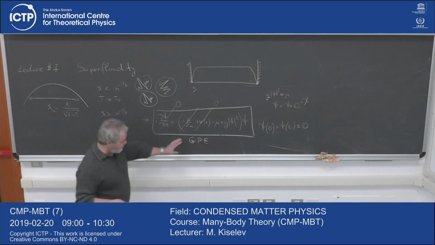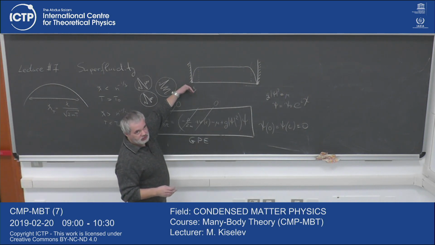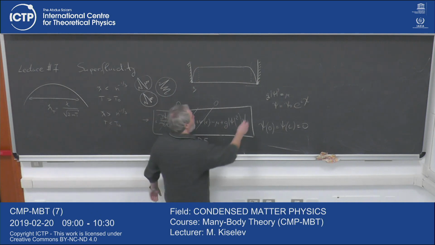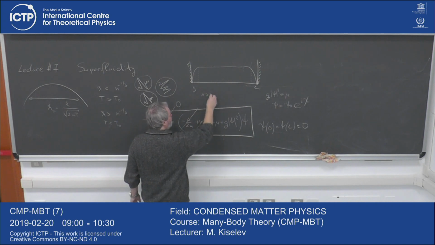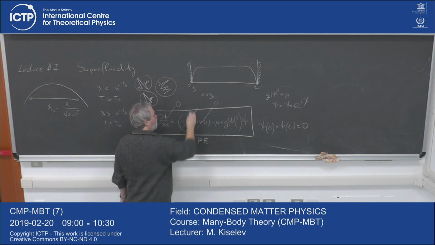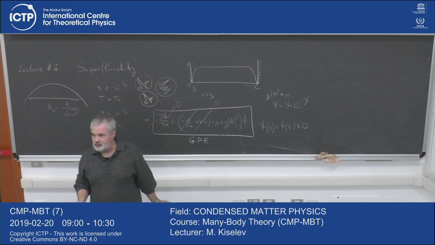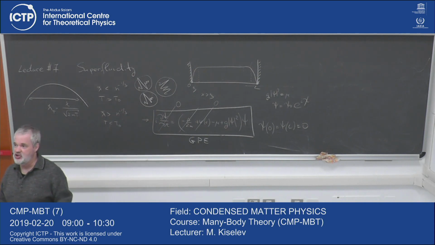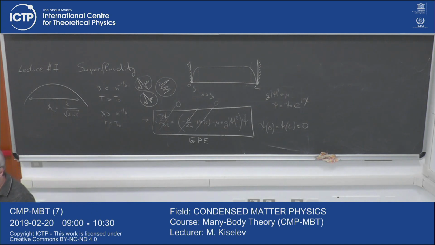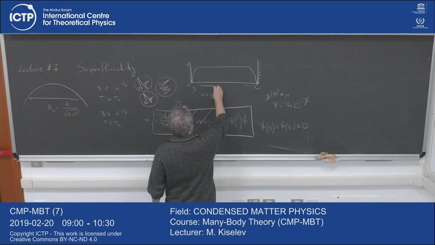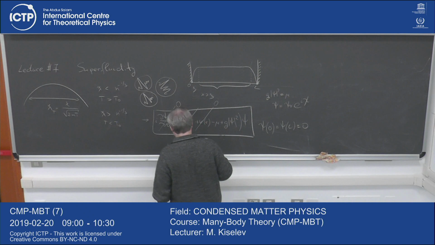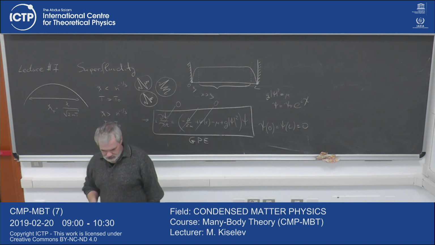What is important for me is that away from the walls, for distances x larger than xi, the wave function is constant. The wave function changes dramatically on a scale of xi in the vicinity of the wall. I'm not about to discuss that. I'm about to discuss the behavior of the wave function in this domain. Okay?